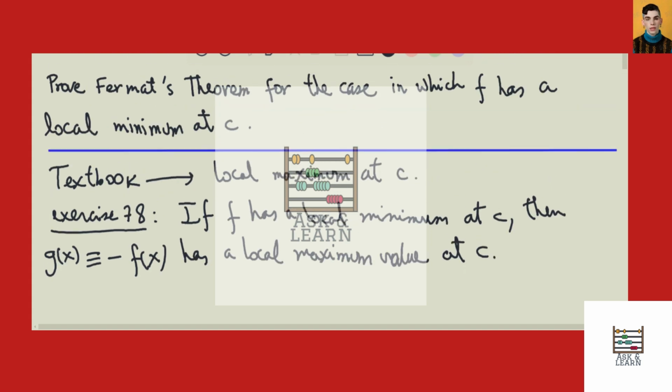So here we're in that case because we are supposing that f has a local minimum at c. That's the hypothesis for exercise 78. So from exercise 78, we know that the function g of x defined as negative f of x has a local maximum at c.